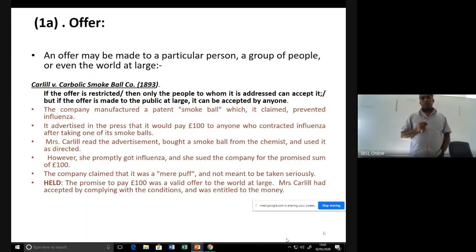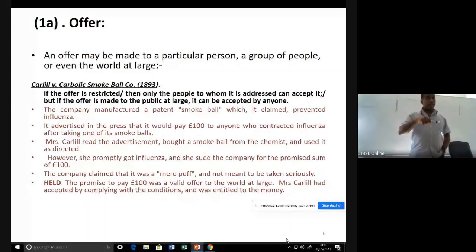You have to think. If an offer is addressed to a particular group of people, for example, the second type that I told you, addressed to a particular group, students of this class, no one else can accept, only one person from this class can accept the offer.